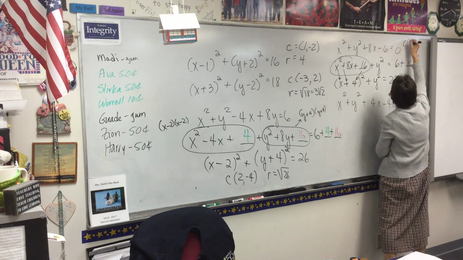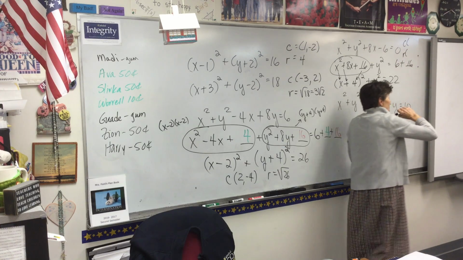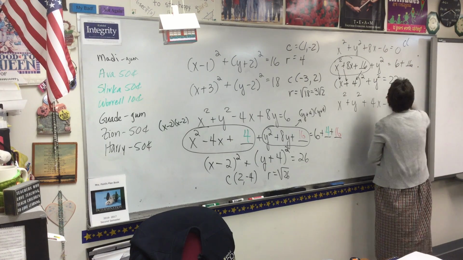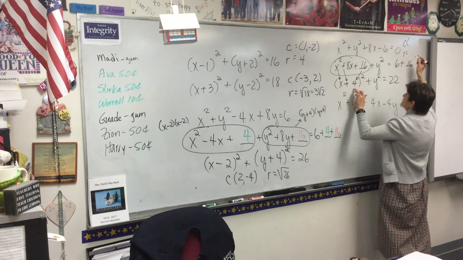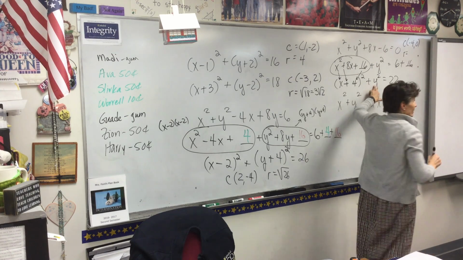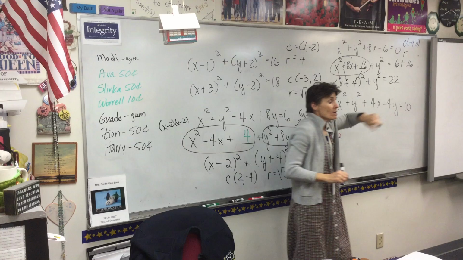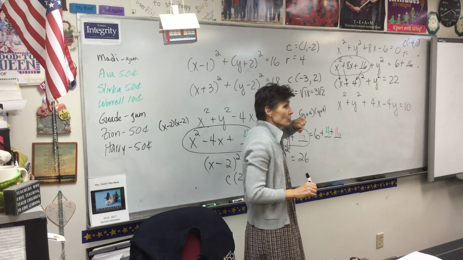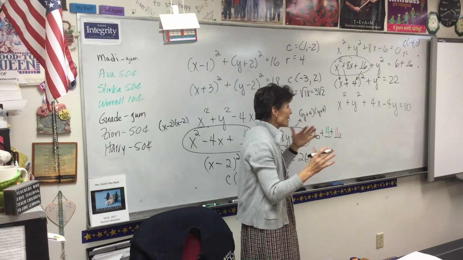All right, let's not get confused. What's the center of this circle? Negative 4, negative 1? No. Negative 4, 0. There's nothing added or subtracted to the y, so it hasn't moved.